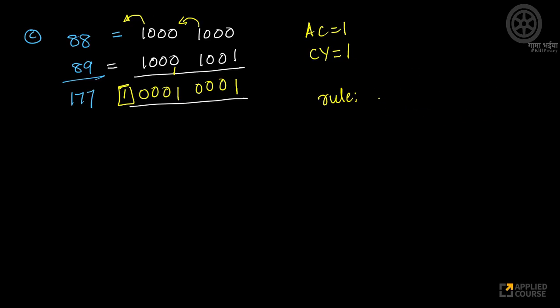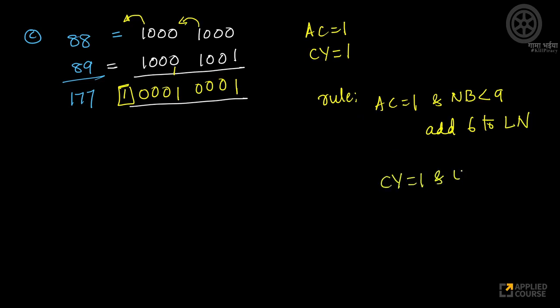If auxiliary carry equals 1 and my lower nibble is less than 9, then add 6 to your lower nibble. Case 1. Second one, if carry equals 1 and upper nibble is also less than 9, then add 6 to upper nibble.